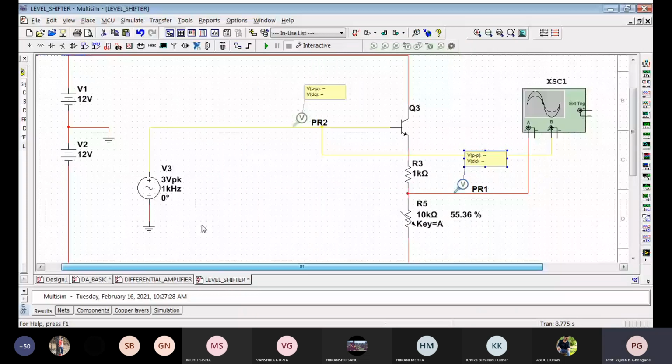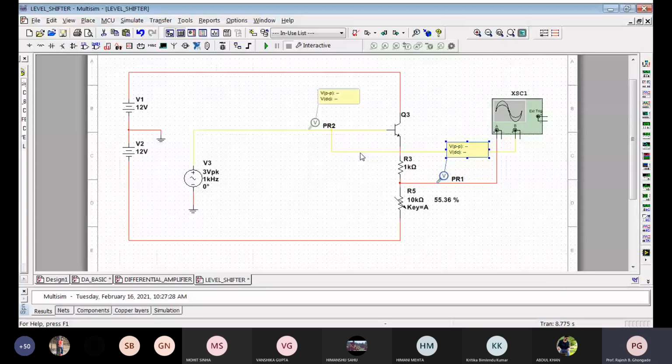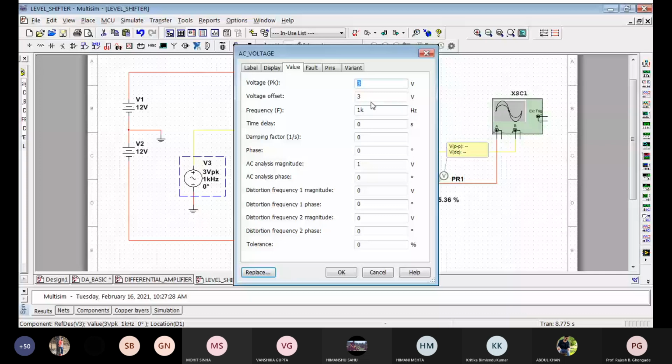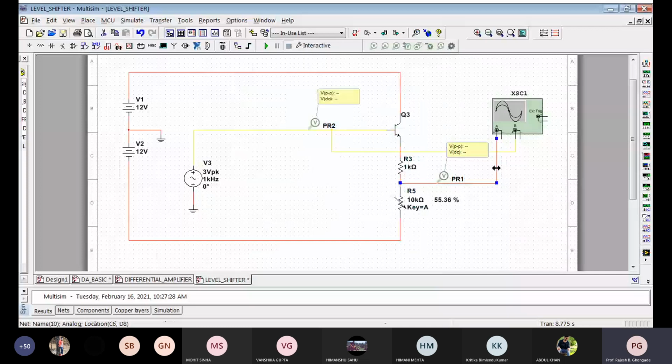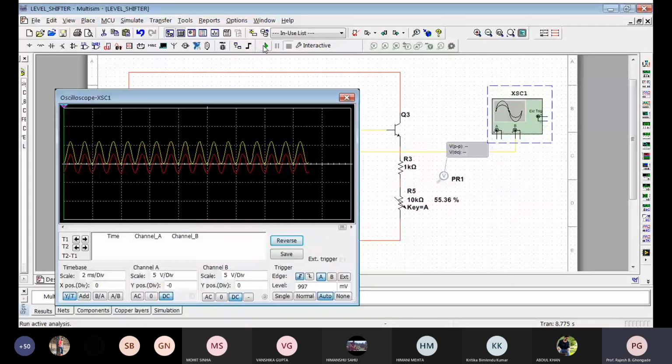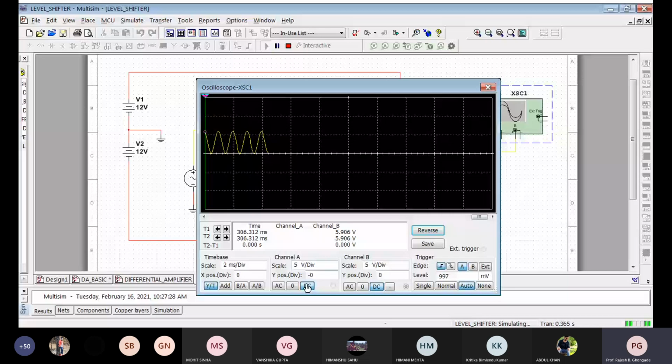Your source is having some DC content. See, I have offset it by 3 volts. Meaning what? It simply means that, see, the coupling of the oscilloscope is in DC mode. All of you see this, guys?